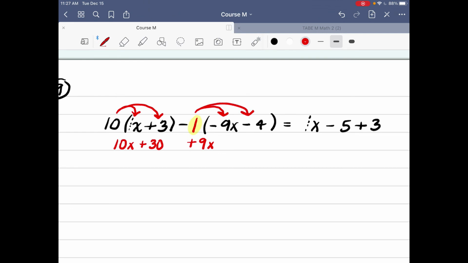Then negative 1 times negative 4 is a positive 4. Stop the video. Go back and watch that if you need to get that distribution nailed down. And then I do need to copy the other half of the equation, which is over here.